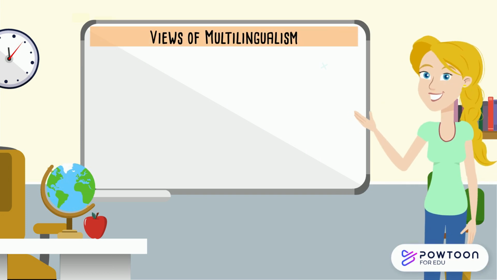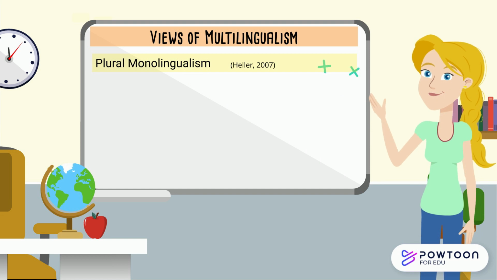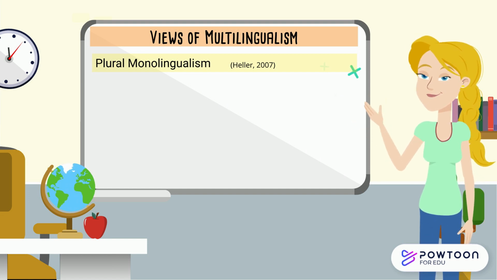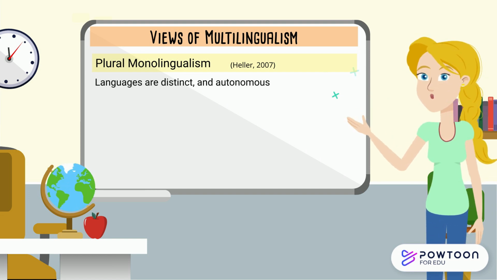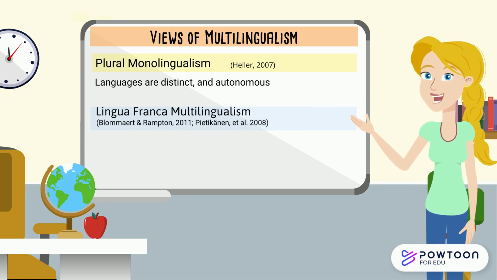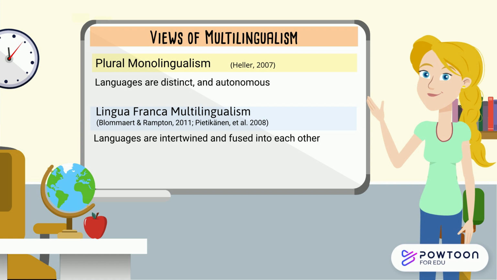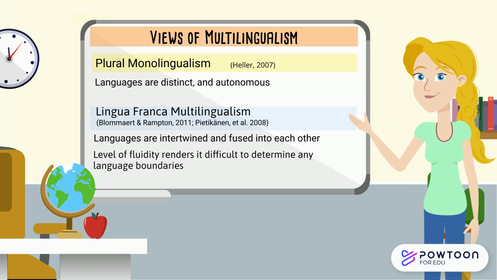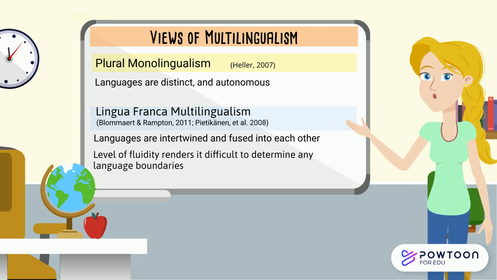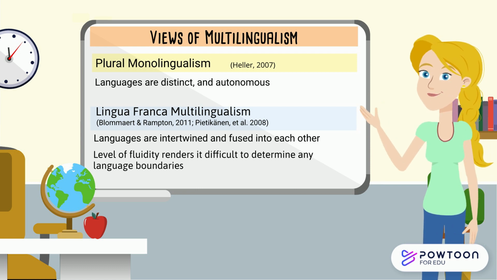Some view multilingualism as plural monolingualism. As Heller puts it, in plural monolingualism, languages are distinct and autonomous, whereas in lingua franca multilingualism, languages are so deeply intertwined and fused into each other that the level of fluidity renders it difficult to determine any boundaries that may indicate that there are different languages involved.